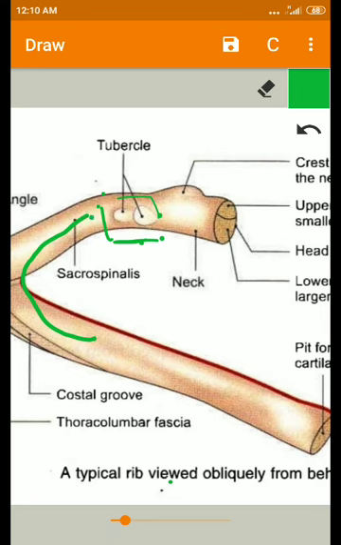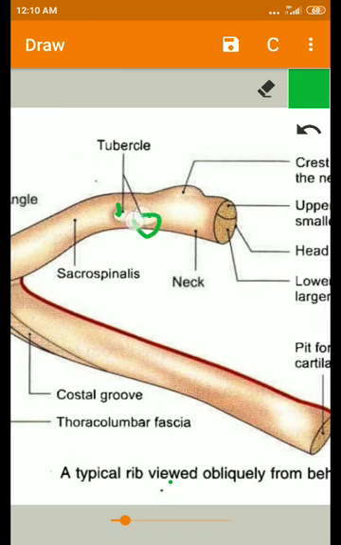So at the junction of neck and shaft, you have the tubercle. This tubercle consists of two parts: the medial articular part, and the lateral non-articular part.